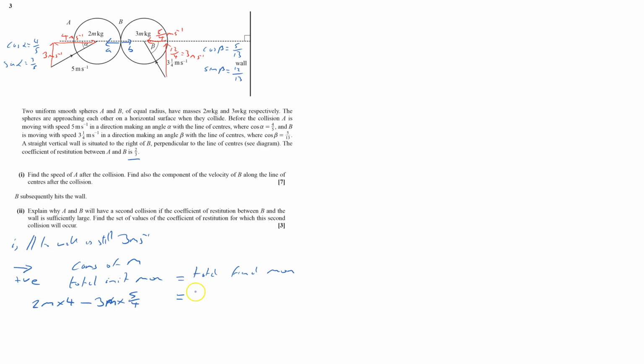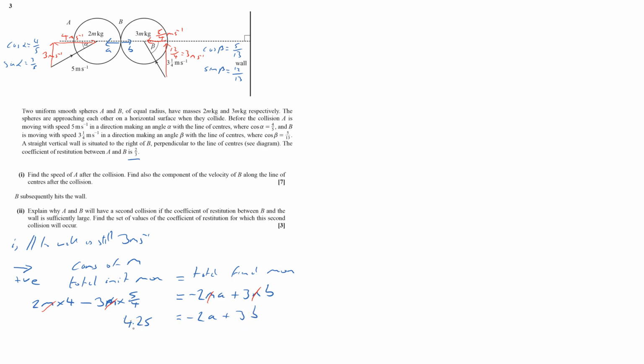Well, I've put A to the left, so that'll be minus 2ma, and then plus 3mb. Simplify that, all the m's cancel out, and that will give me 4.25 equals minus 2a plus 3b. So I've got A and B, one equation.